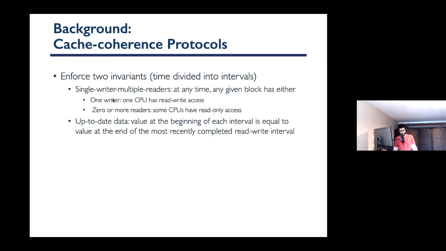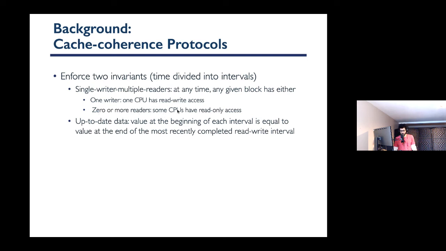So basically, one writer means that only one CPU has the read-write access to the data. You cannot have multiple CPUs having the same read-write access. So either this happens, or nobody has read-write access, and zero or more readers exist.